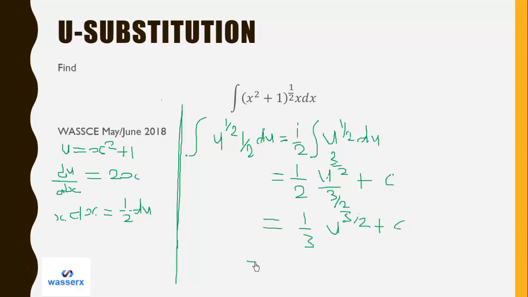But we know that u is equal to x squared plus 1. So you get (x squared plus 1) to the power 3 over 2 plus c. So that is how the u substitution works.